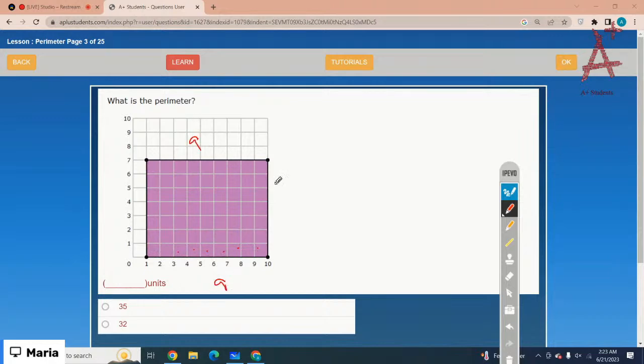Just add up all the side lengths. So which is the correct option?